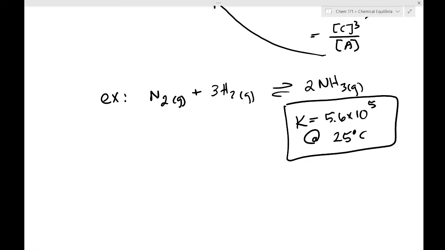There are collections of equilibrium constants for particular reactions all over the place. It's something that has to be measured experimentally. It's not something that you can deduce just by looking at the equation.